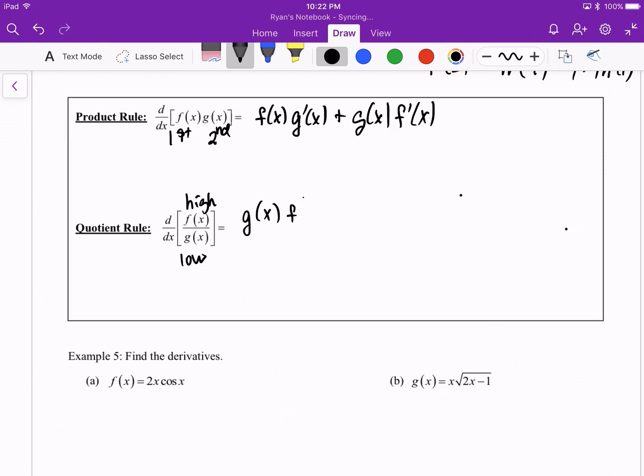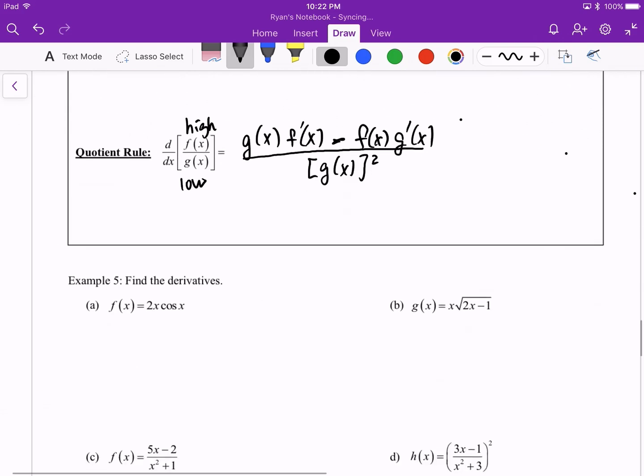So that would be f prime of x, minus high, which is f of x, times d low, which would be g prime of x, and then please don't forget all over low squared. So the low is going to be g of x, all of it squared.